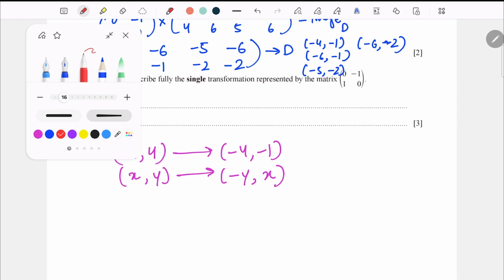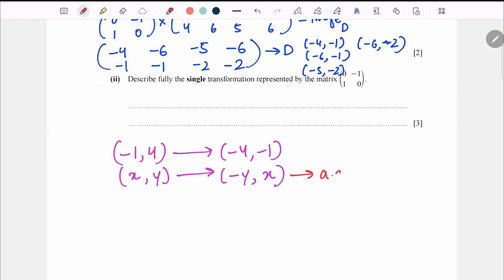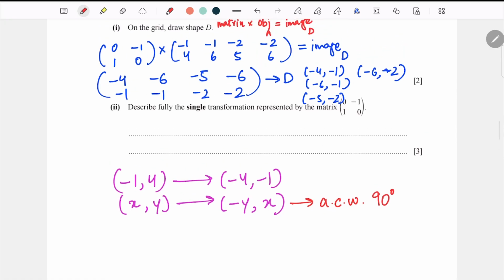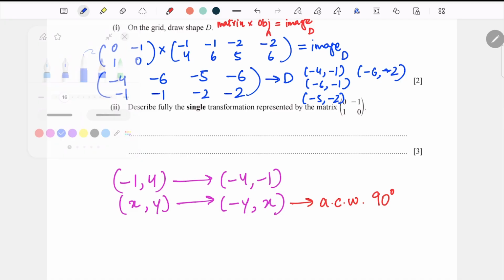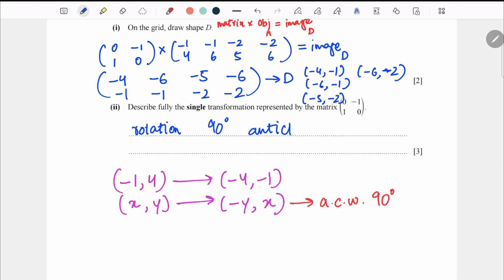Basically this shortcut right here applies for anti-clockwise rotation 90 degree. So we can say that the single transformation represented by this matrix is rotation 90 degree anti-clockwise about the center, which is origin, and origin is 0 comma 0.